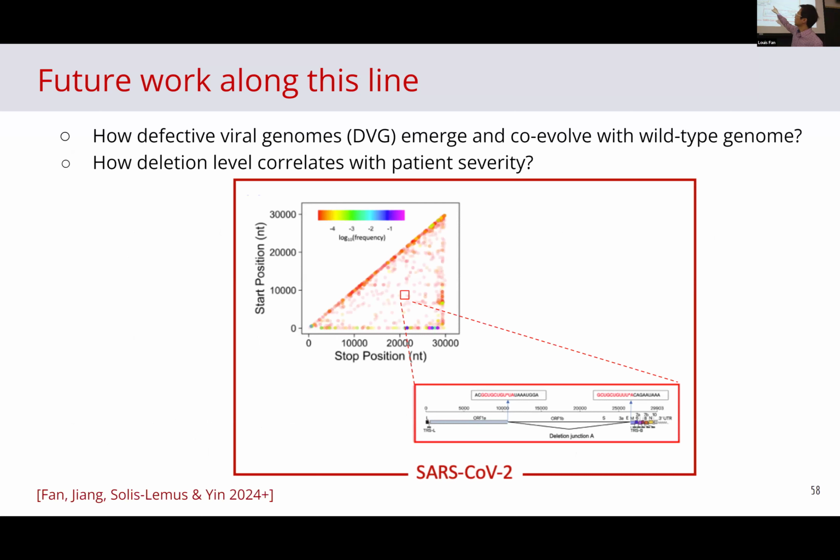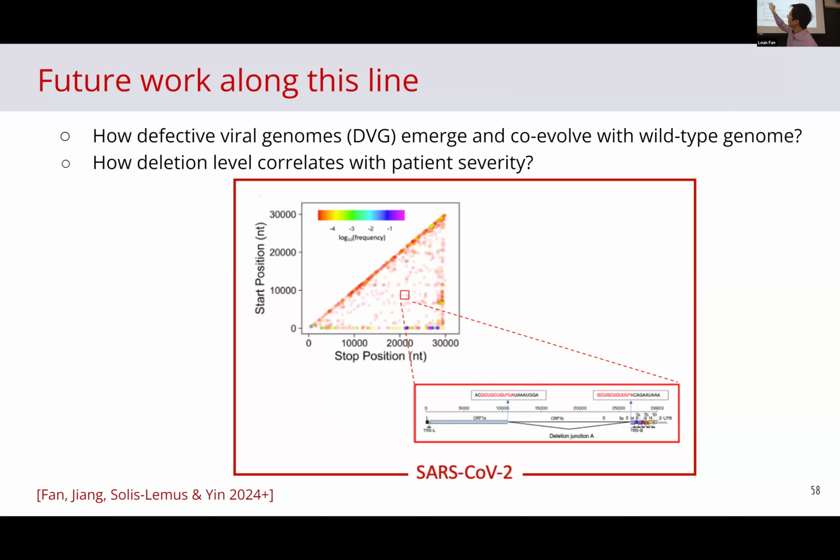This is real data from Wang et al. 2022, with real COVID swab data from a single patient. Every dot here is a virus genome with deletion. Let's say this dot has the starting position of the deletion around 10,000 and the ending about 20,000. So there's a large deletion around here.